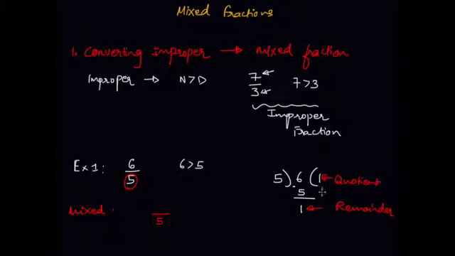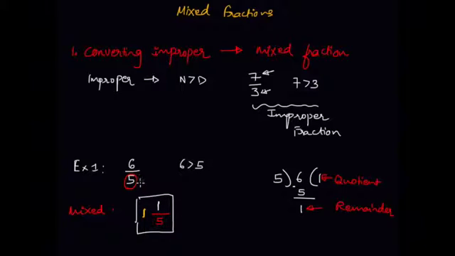Let me choose yellow to write the second part of this. So you put the quotient here, 1, and you put the remainder as the numerator. So this is the mixed fraction.